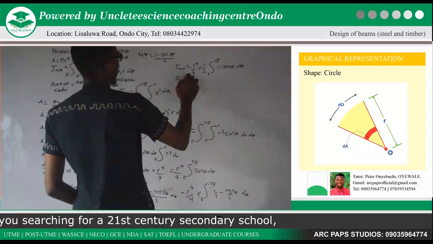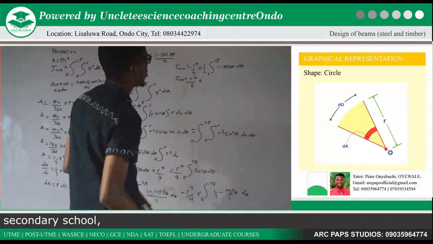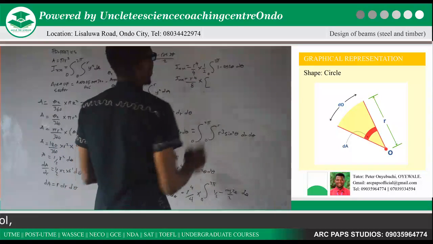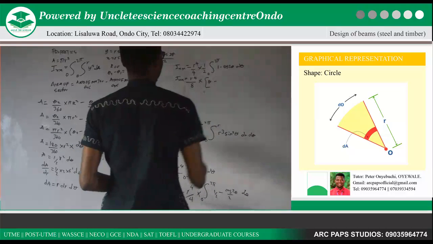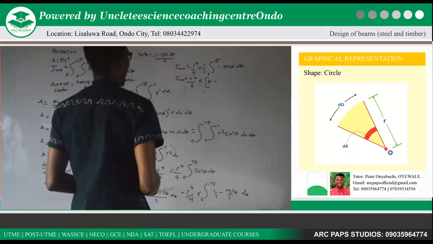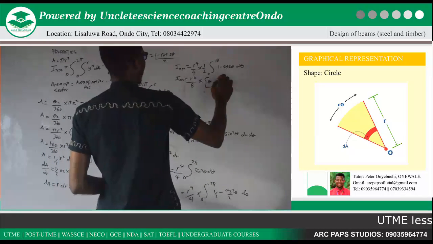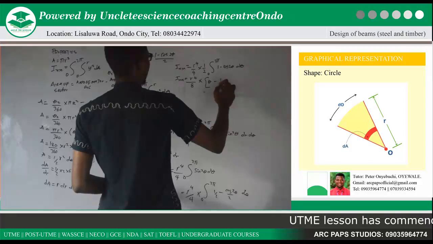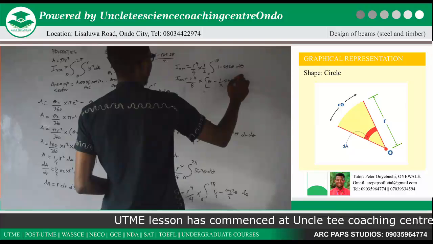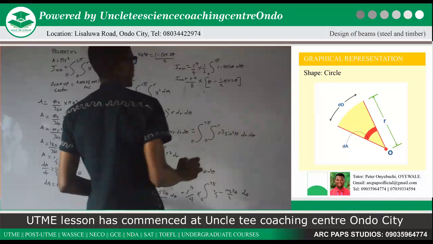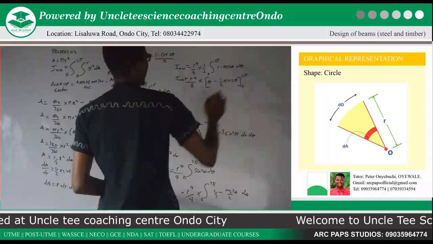Now this is Ixx is equal to r raised to power 4 divided by 8, which is 4 times 2, times, now if you integrate 1 you get theta, minus, if you integrate cos 2 theta you get 1 over 2 sine 2 theta. So everything ranging from 2 pi to 0.